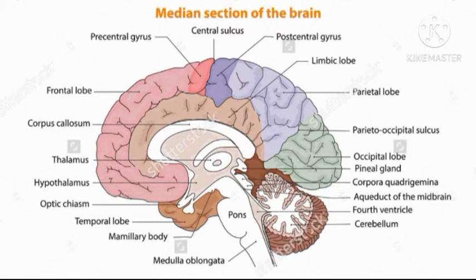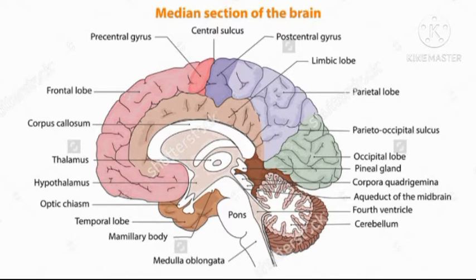Each hemisphere is internally hollow, and the main part which you have to keep in mind is that the inner portion of the cerebrum mainly consists of axons, that is white matter, and the outer portion contains cell bodies of neurons, and it is known as gray matter.